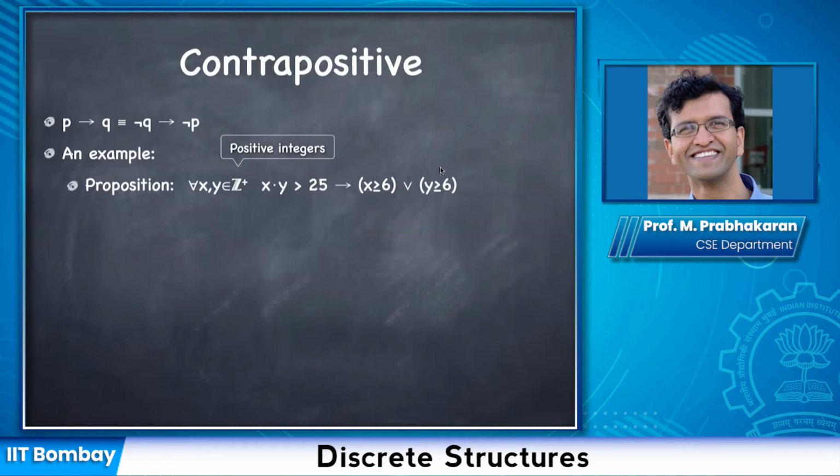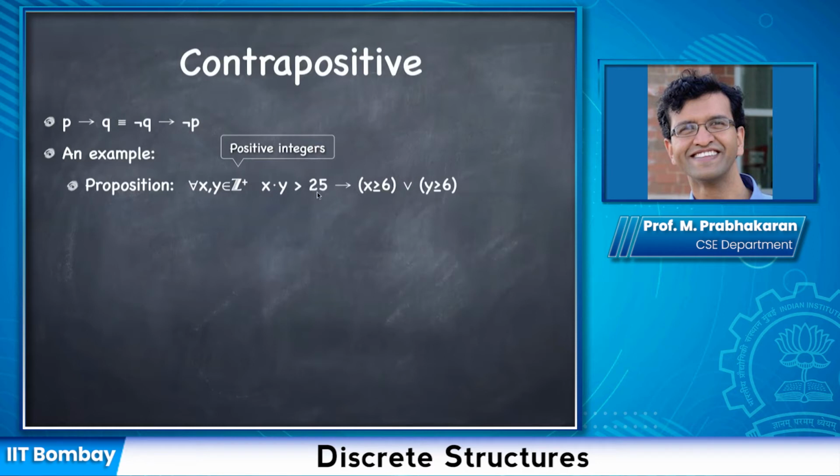In principle, you're supposed to look at every possible pair of integers which multiply to something greater than 25. So maybe you could go over the numbers 26, 27 and so forth, and look at all the ways in which it could come as a product of two numbers. So 26 could be either 26 times 1 or 13 times 2, and in either case one of the numbers is greater than or equal to 6.